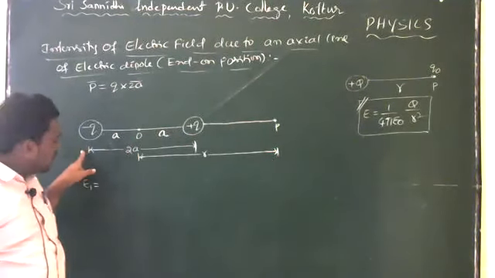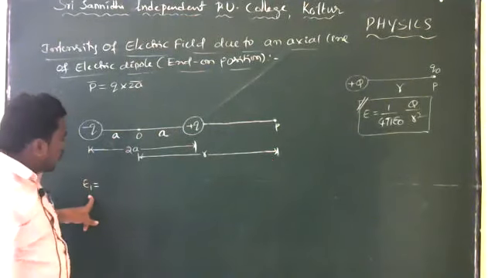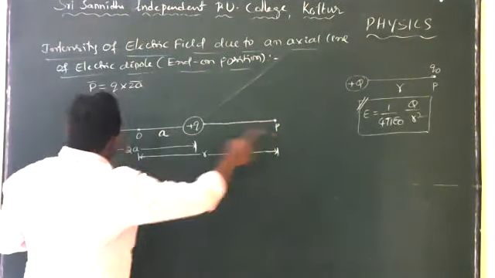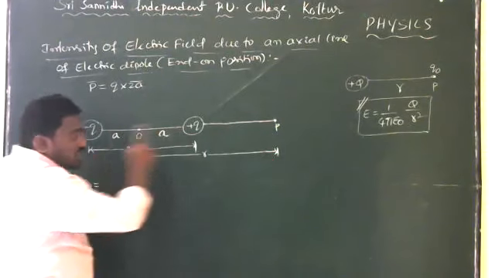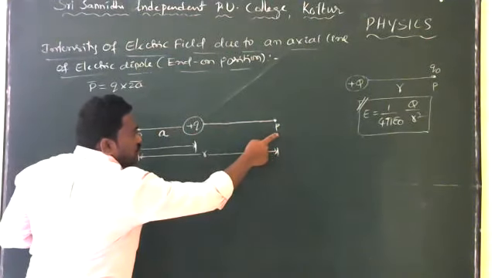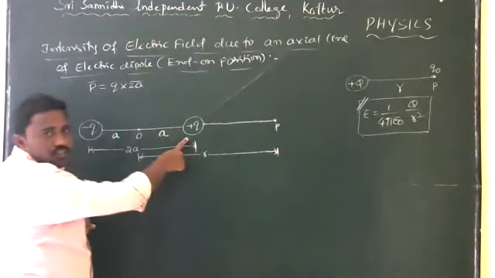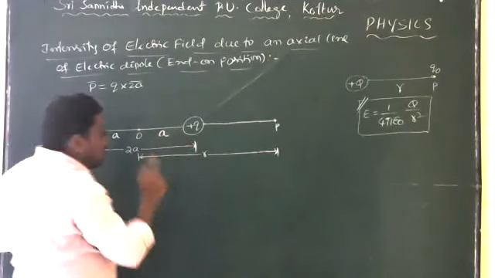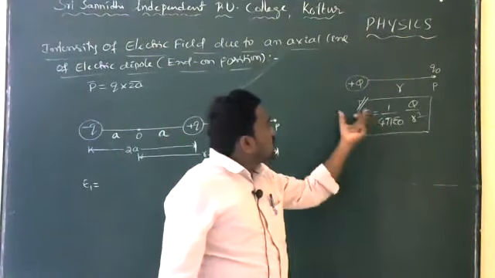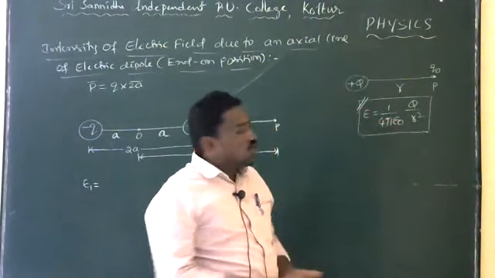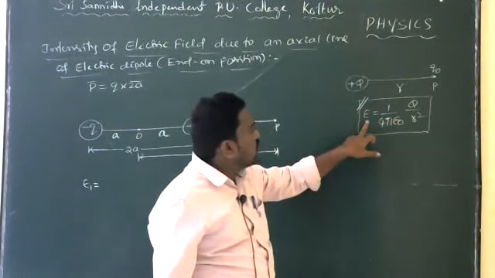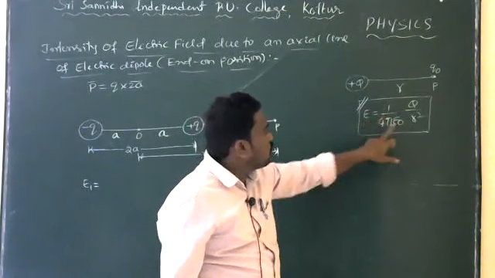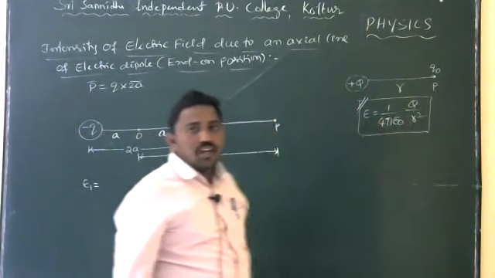Next, the intensity of the electric field at point P due to the plus Q charge. You know the intensity of the electric field due to an isolated point charge: E is equal to 1 by 4 pi epsilon naught into q by r square.